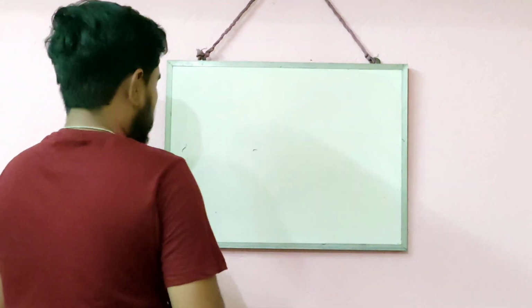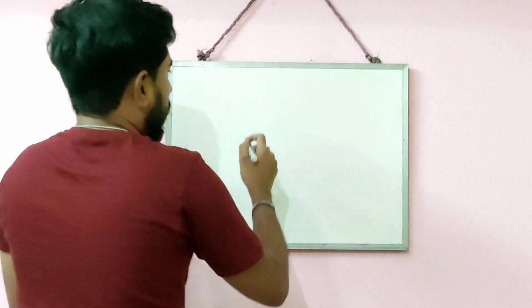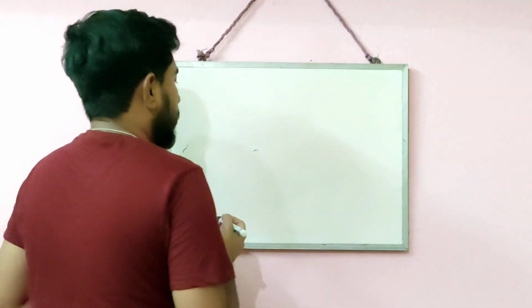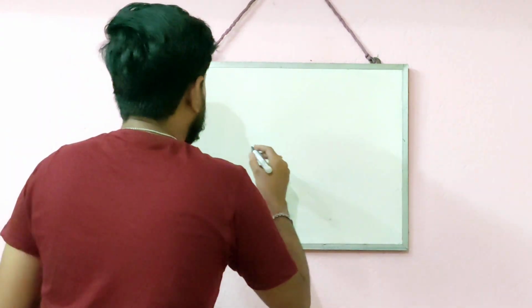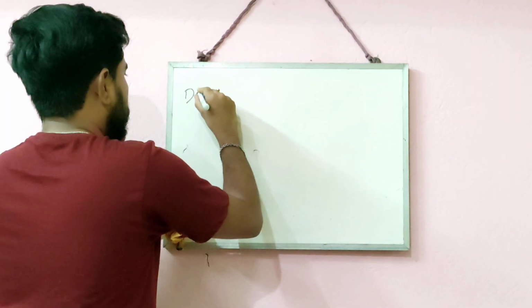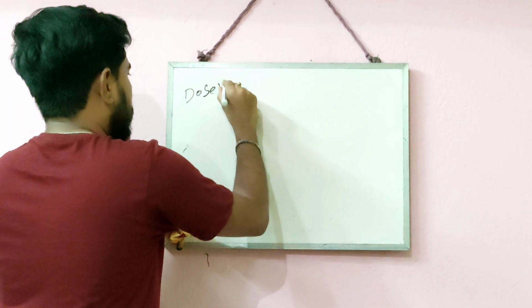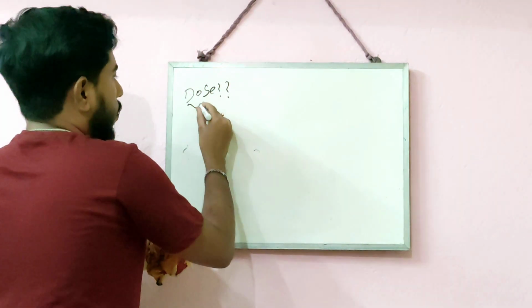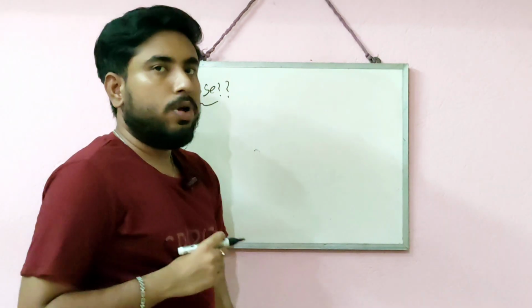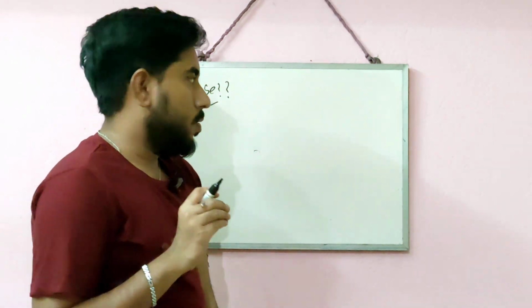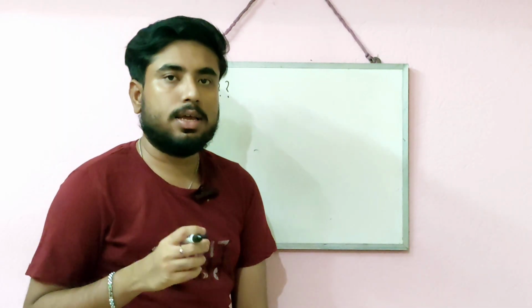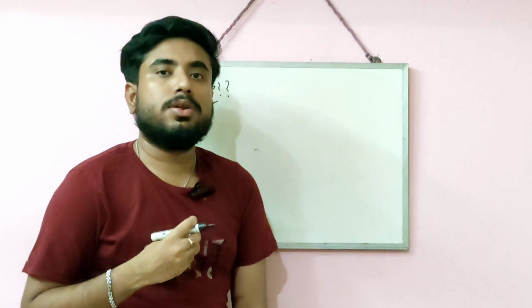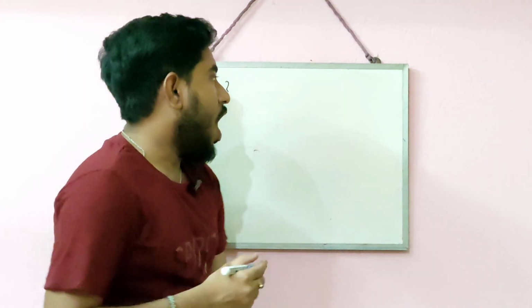The first term we have to remember when we are taking a drug into our body is dose. We all know when we are taking any drug, on the label of that tablet some instructions are written, like how much we have to take.